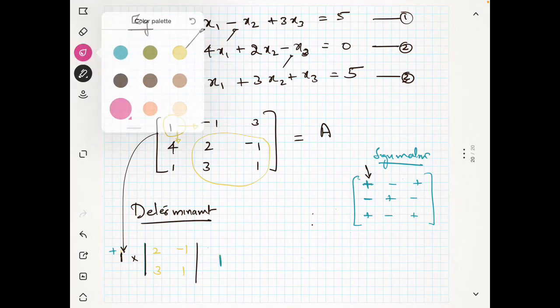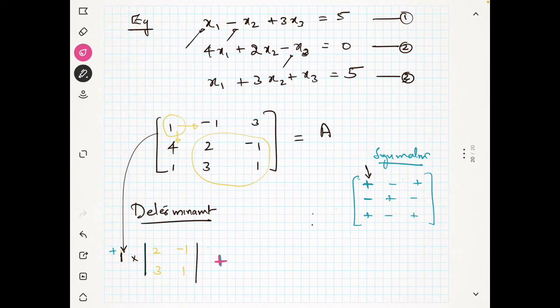Now we take the second element, which is minus 1, but according to the sign convention, the sign here is negative, so I will put a negative here: negative of minus 1.